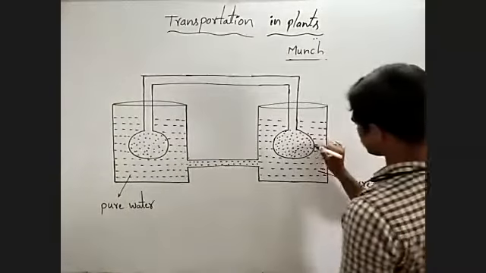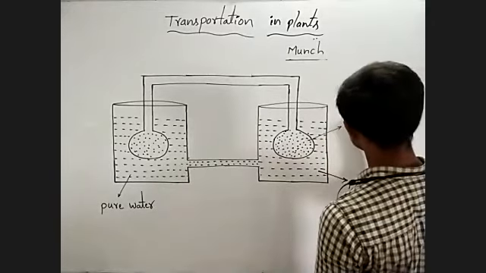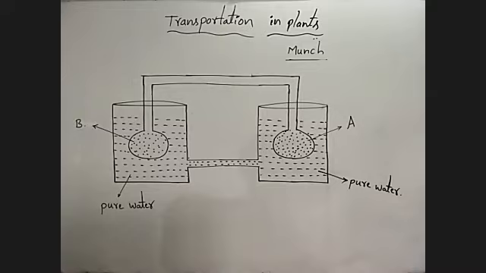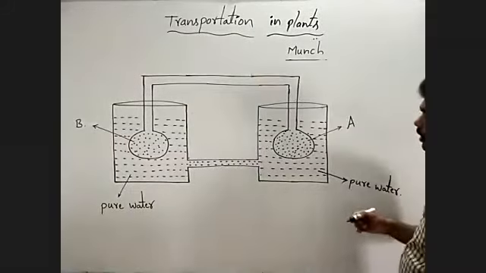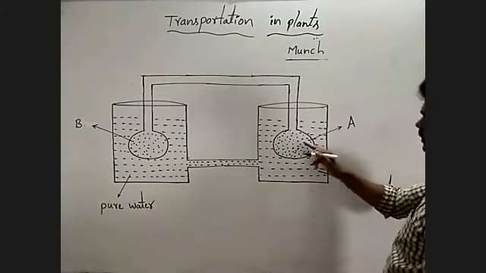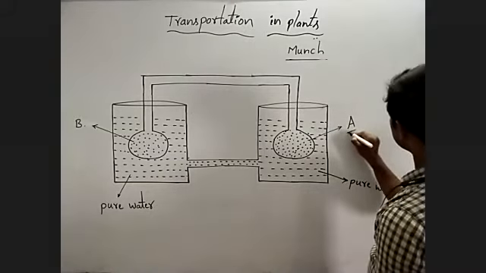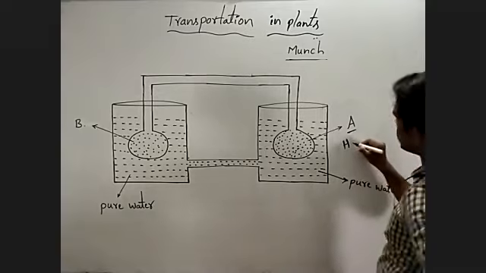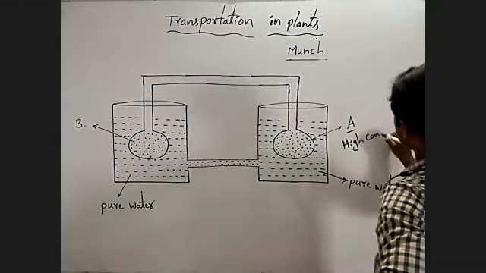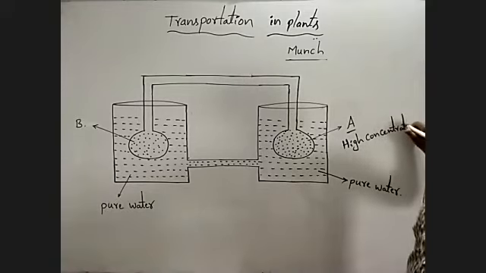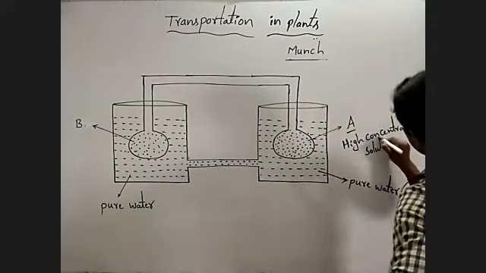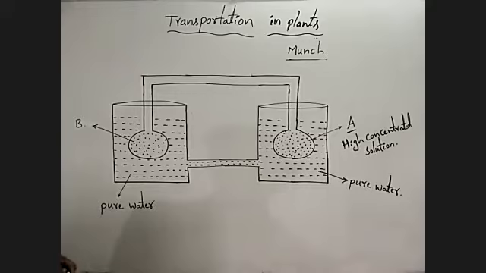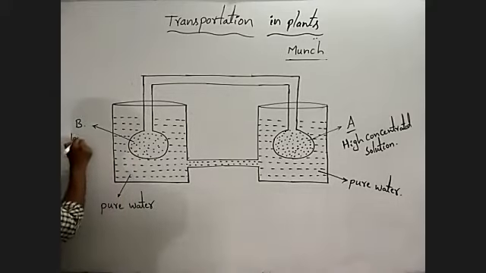For example, this is osmometer A. This is osmometer B. Osmometer A contains a very highly concentrated solution.